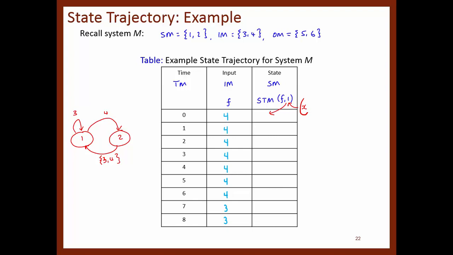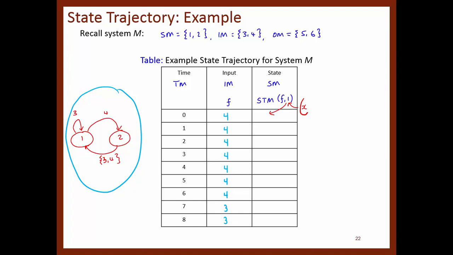Remember, this state transition diagram is telling you the transitions for your system. If you're in state 1 and you receive an input of type 3, you're going to stay in 1. If you're in state 1 and you receive an input of type 4, you're going to move to state 2.